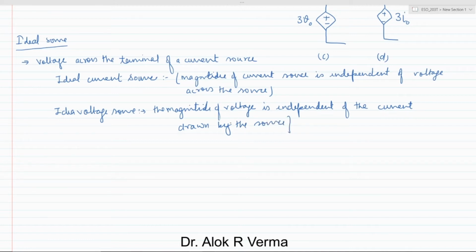So when we talk about the ideal voltage source or ideal current source, whatever the waveform or current you draw from the source, the voltage should not change in the voltage source. Similarly, whatever amount of current we want to draw, we can draw irrespective of the voltage across this current source terminal.